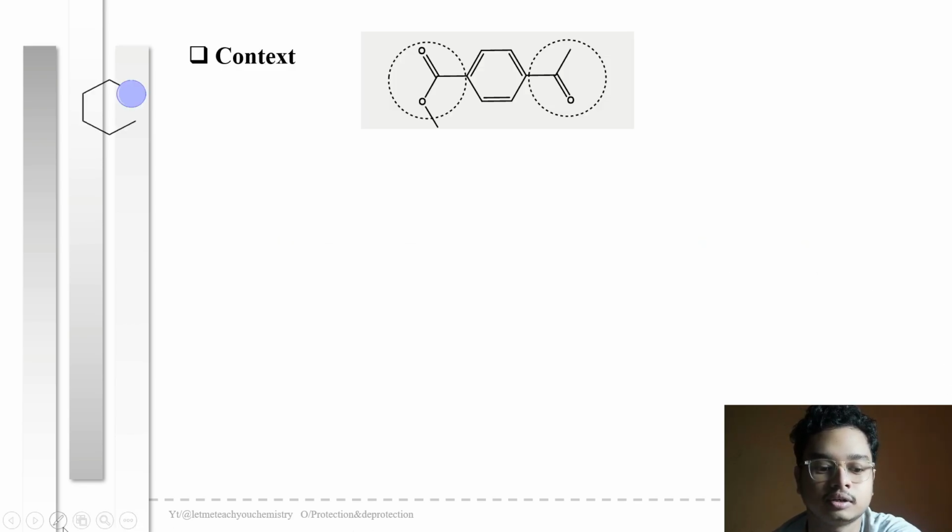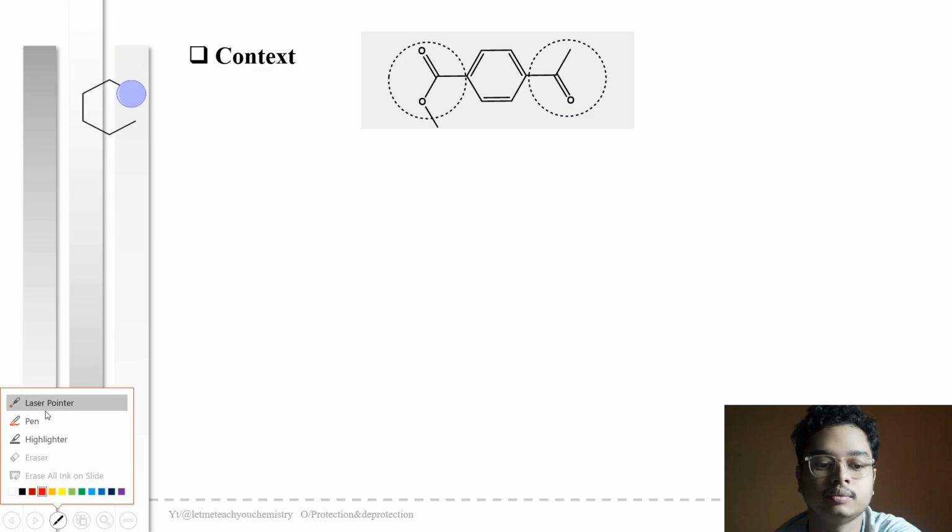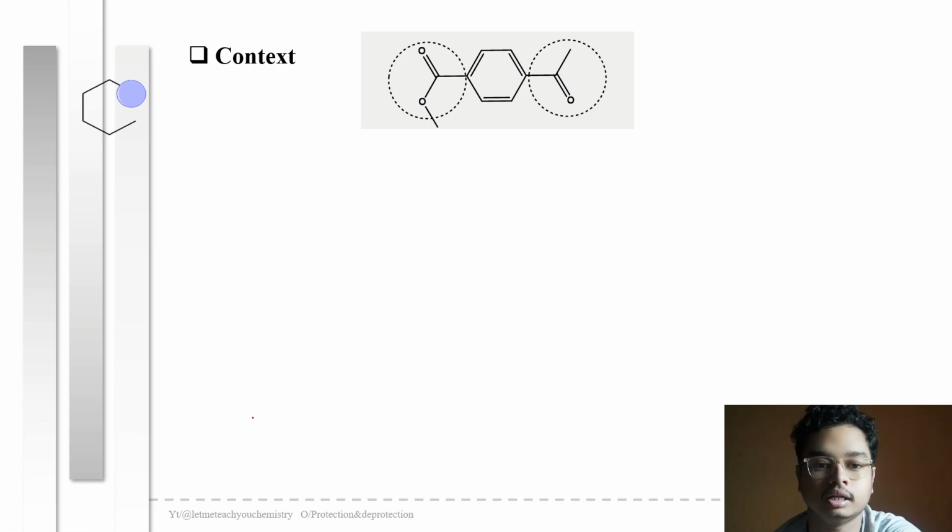First, let us talk about a little bit of context: why we need to learn the protection deprotection formula. Suppose you have a molecule which contains two different functional groups. Here is the ester group and here is the carbonyl group. Now if you want to selectively reduce one of the groups, you need a certain reagent.